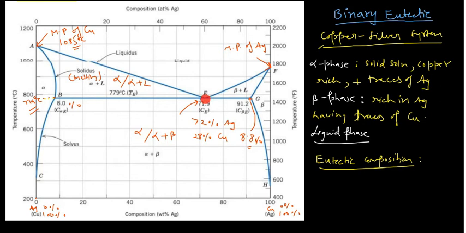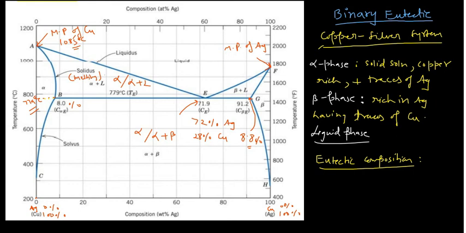Eutectic means both will melt simultaneously in that case. That means easy melting mixture. So line FE is representing the same thing for silver, which line AE is representing for the copper. In both cases you are lowering the melting point of your metals. I hope this is clear to you.